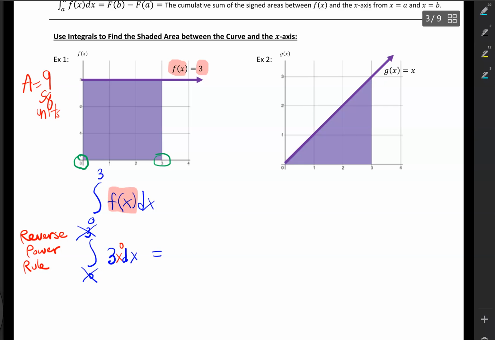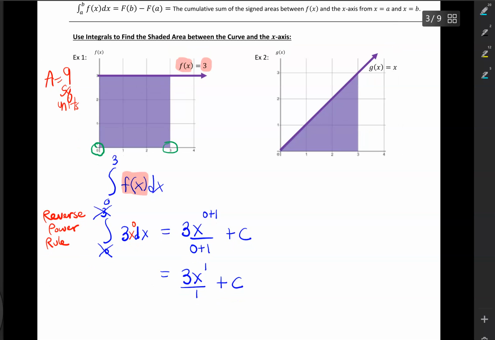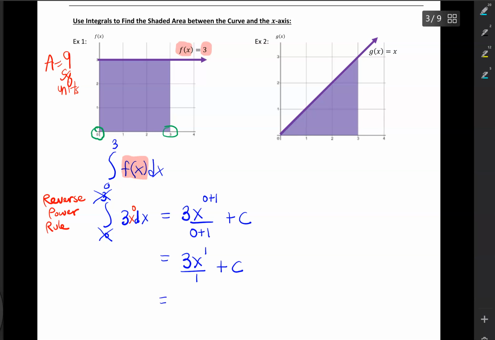So that would be 3x to the 0 plus 1 over 0 plus 1 plus c. Okay, so that would be 3x to the first over 1 plus c. Oops. So that would just be 3x plus c. Just normal everyday integral you've been doing.